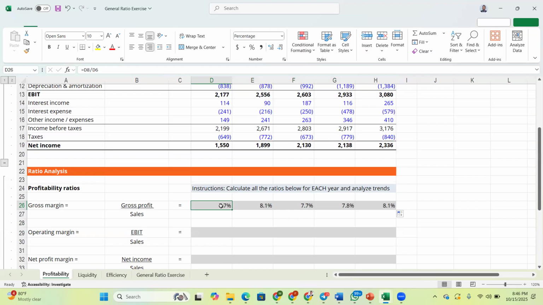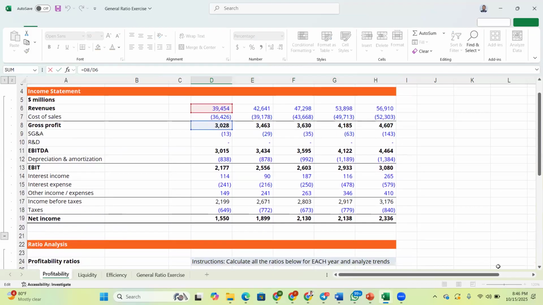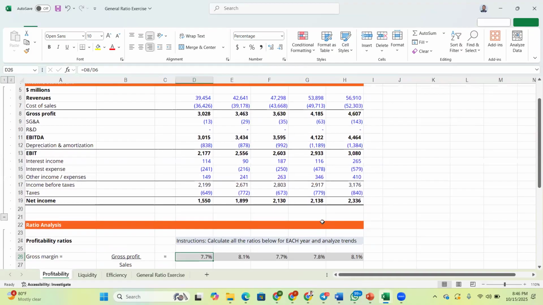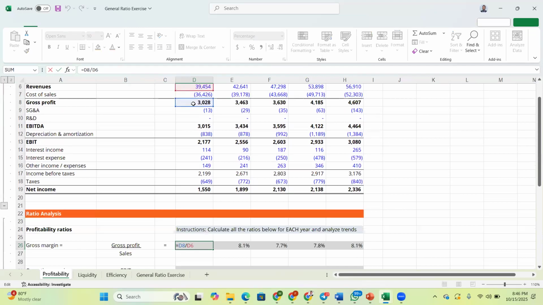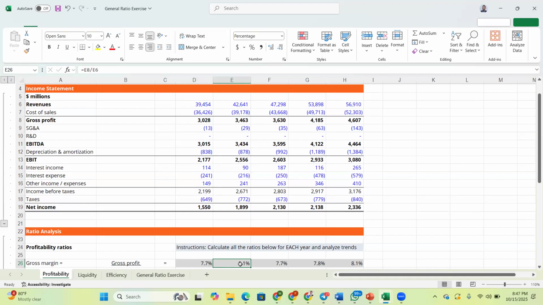That's a very fast and smart way to copy your function. Now, you can press F2 to check. As you can see, this is for gross profit under year one. Let's check the next one. Let's press F2. You can see it has moved to year two. If you check year five, you will also see that.